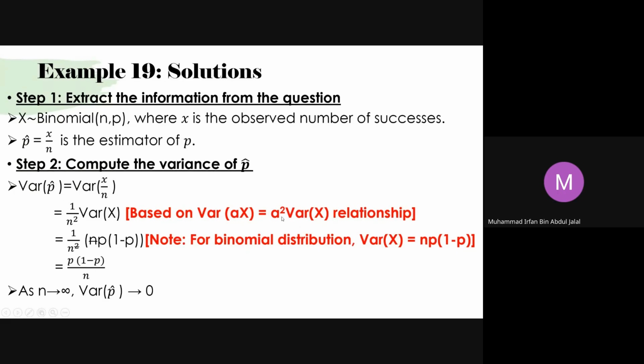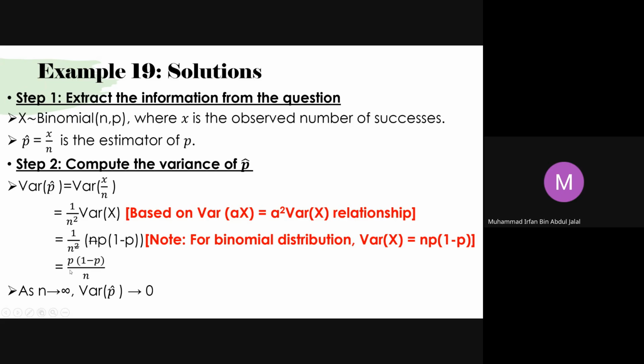Again, remember, for a random variable X that follows a binomial distribution, the variance is np times (1 minus p). We substitute these into the expression, so we can cancel out n here. We will get the variance of P hat as p times (1 minus p) divided by n.